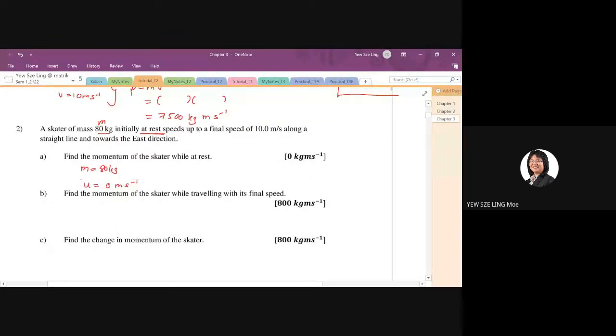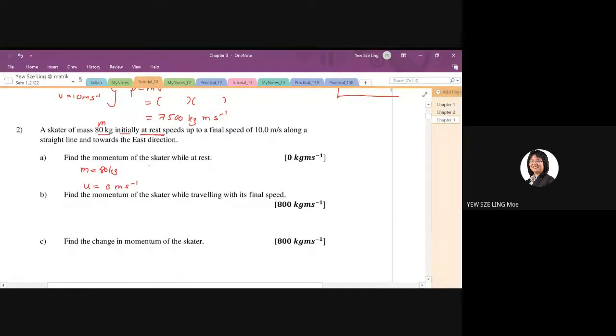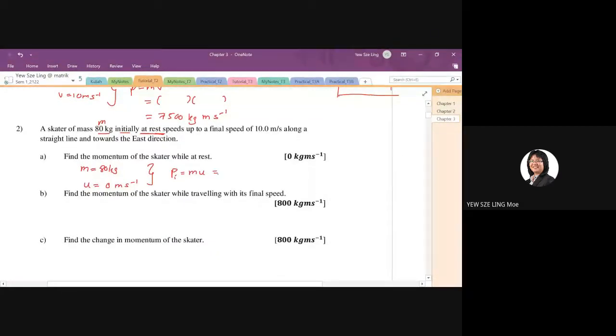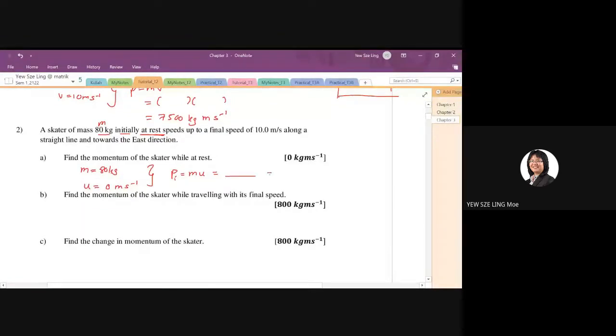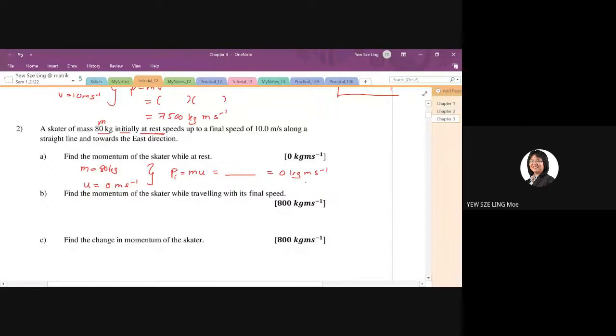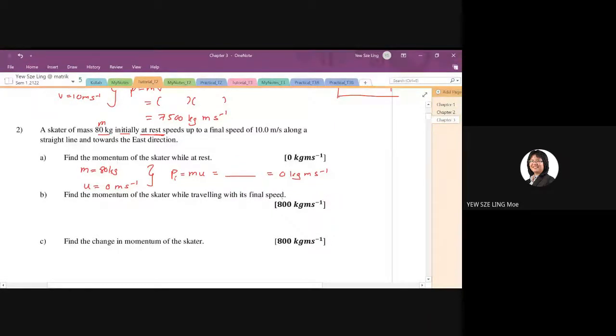The reason I use u is because the question says initially. So when you combine these two, you have p initial equals mu, which equals, after substitution, 0 kg m s^-1. Find the momentum while it is traveling at its final speed.